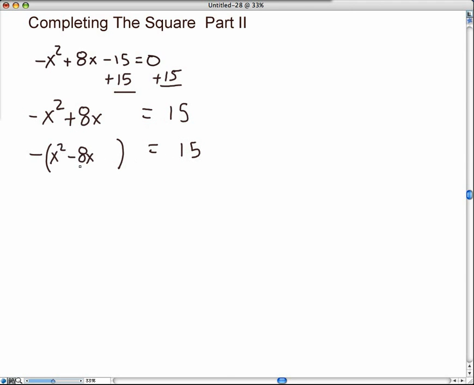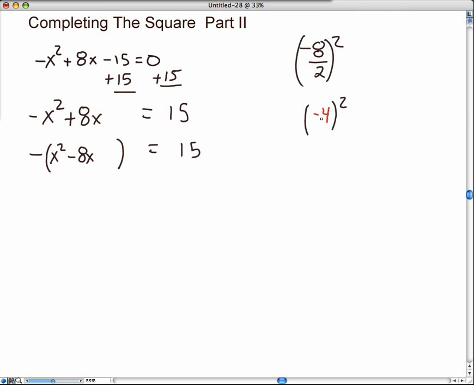Okay, now we can take the negative 8 over here, and we're going to divide by 2 and then square it, just like we did before. Now when we do that, negative 8 divided by 2, we get a negative 4 this time.